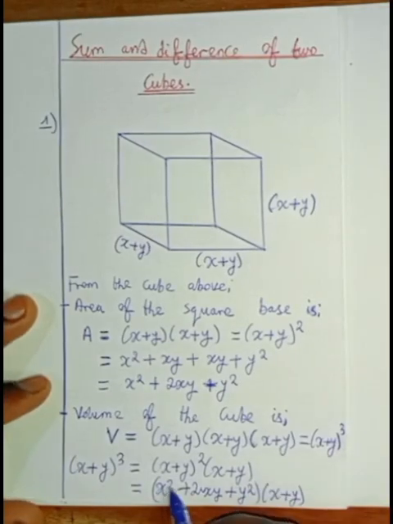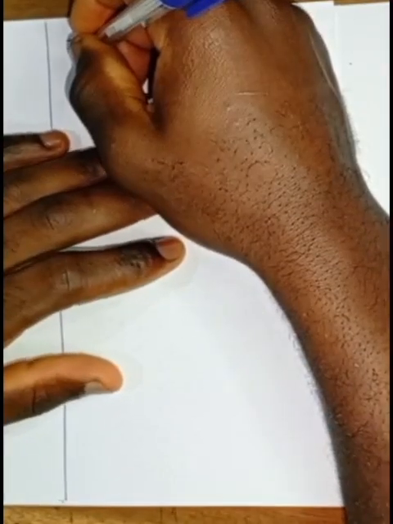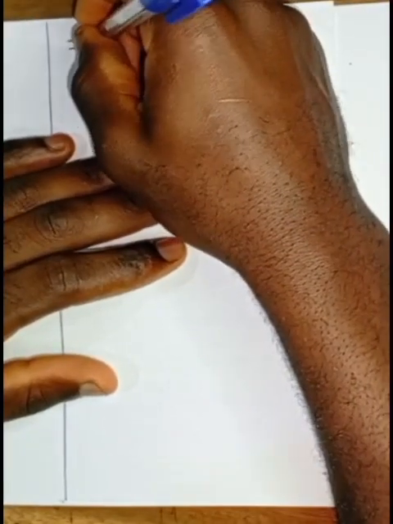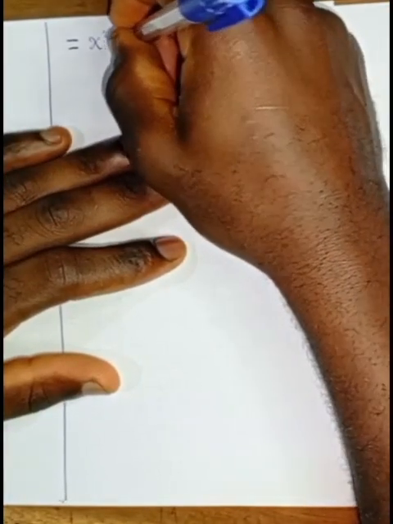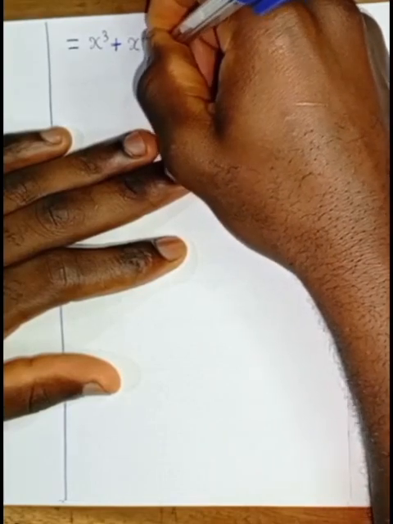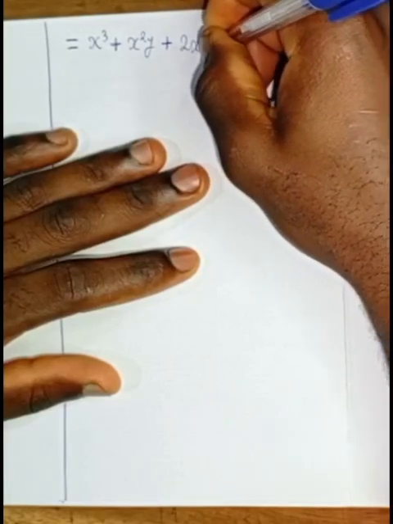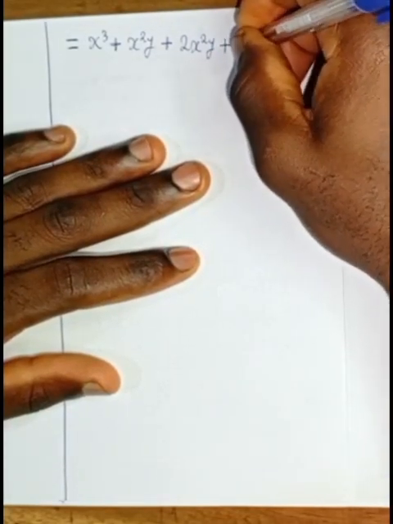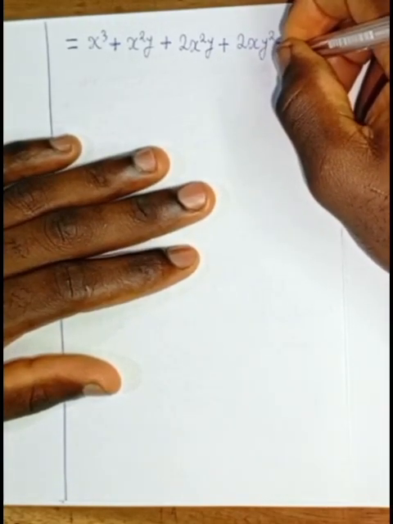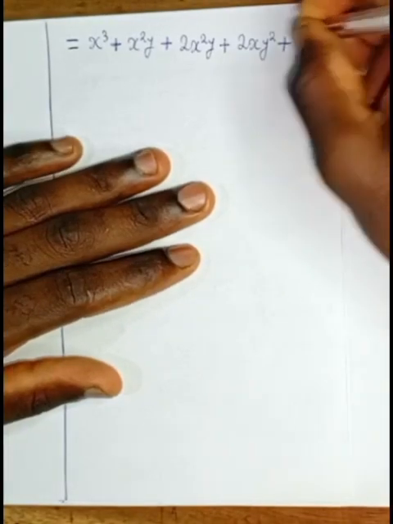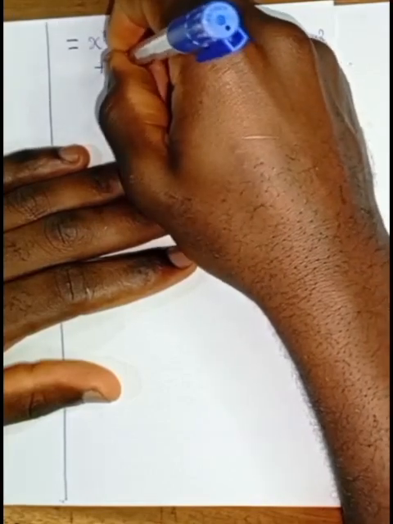Next step, we are going to expand the brackets. x squared times x gives us x cubed, plus x squared times y gives us x squared y, plus 2xy times x gives us 2x squared y, plus 2xy times y gives us 2xy squared, plus y squared times x gives us xy squared, plus y squared times y gives us y cubed.